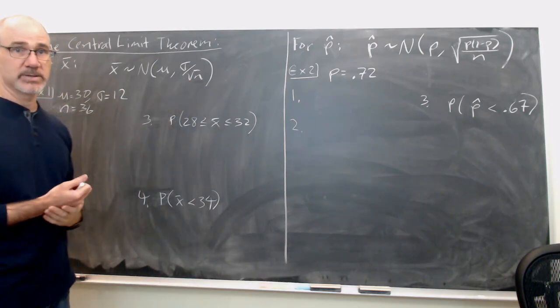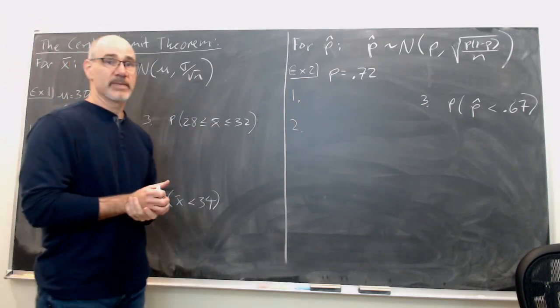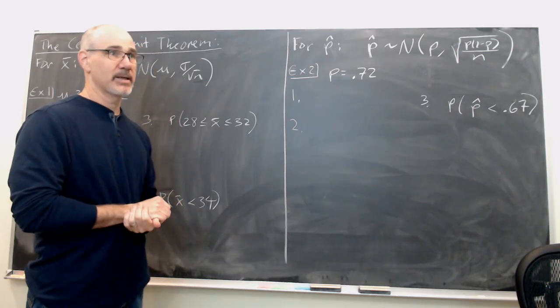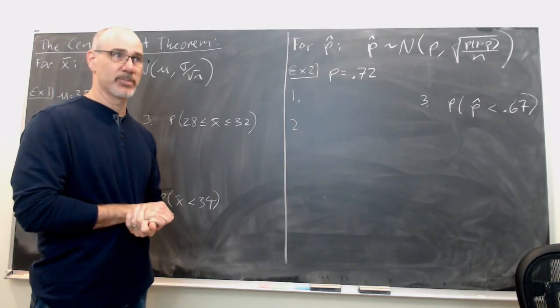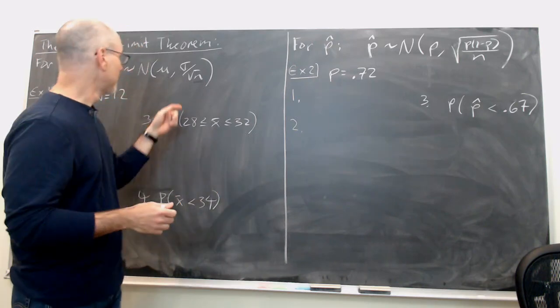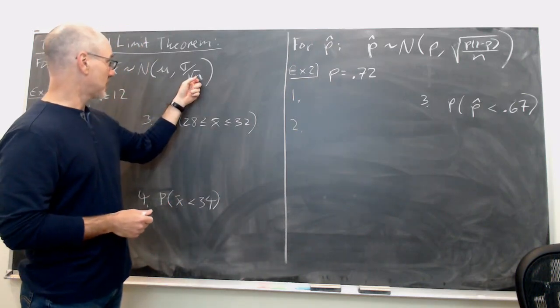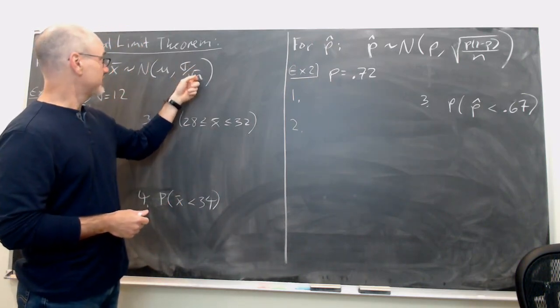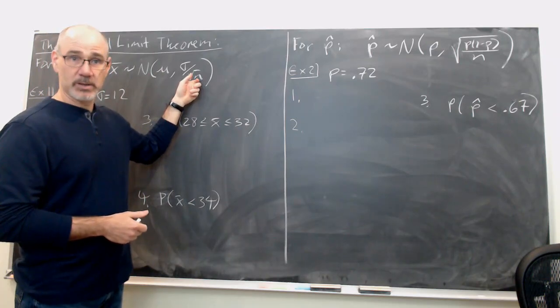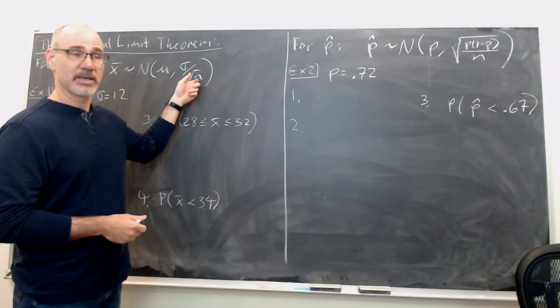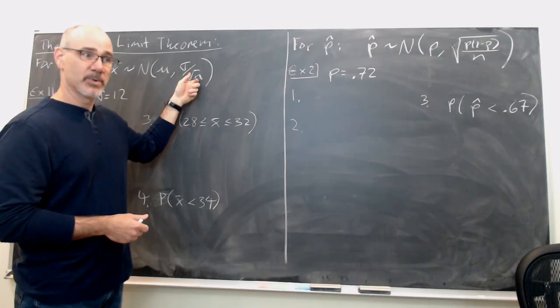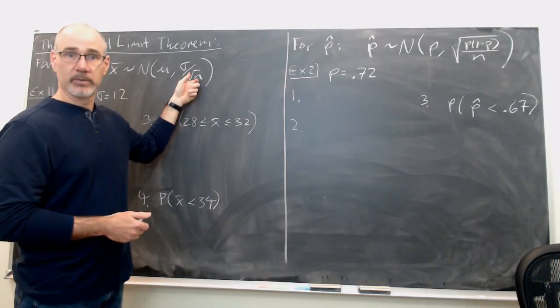Now, one thing that tells us is that if we take larger and larger samples, n grows, so the square root of n grows also, which means sigma divided by the square root of n gets smaller, and so this is telling us that the larger the sample, the less variable our results.